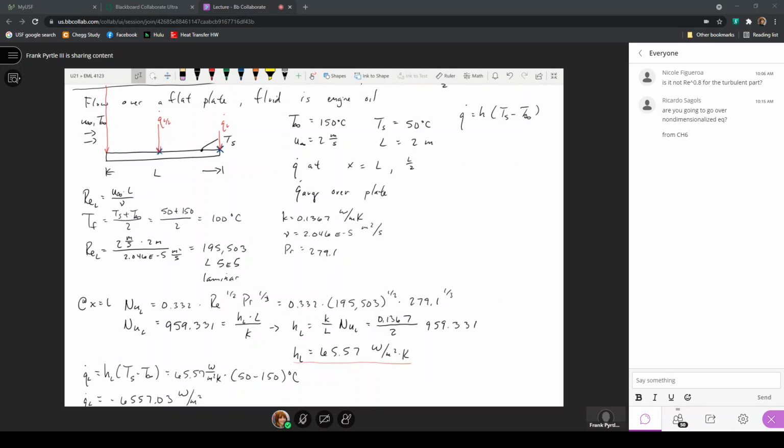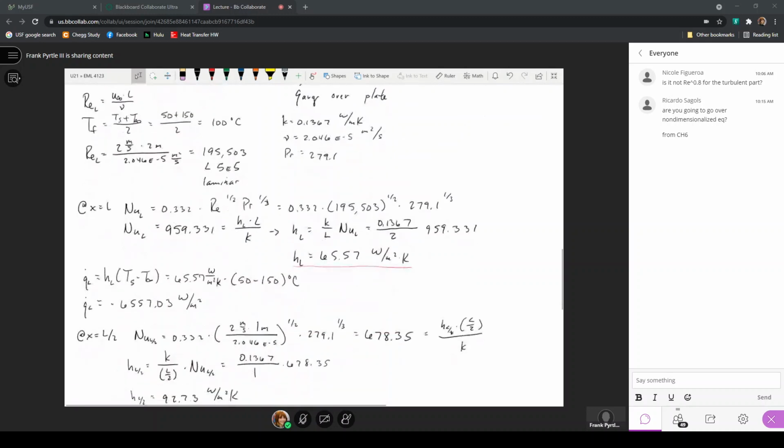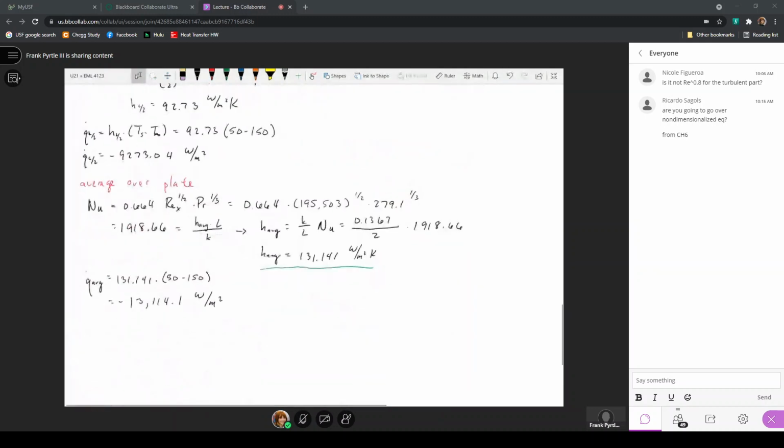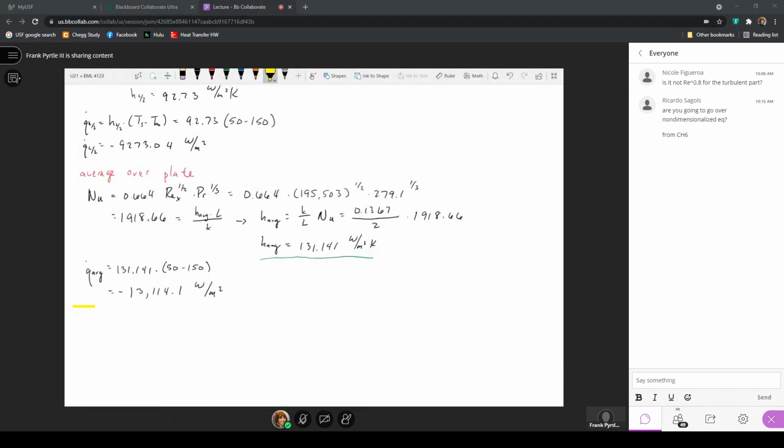Let's consider the same configuration, in that there is a plate, but here air is moving over the plate rather than engine oil, so we can look up some other properties.